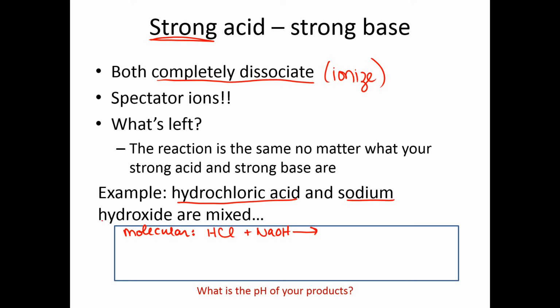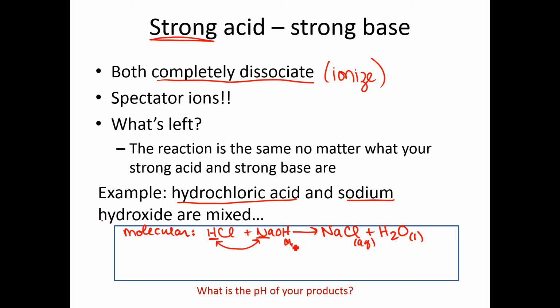You'll notice that this looks like a double displacement reaction. So it's compound plus compound. The hydrogen and the sodium are going to switch places. So now the sodium is paired up with the chloride, and the H is paired with an OH, which makes liquid water.